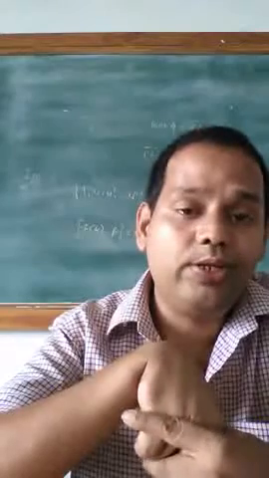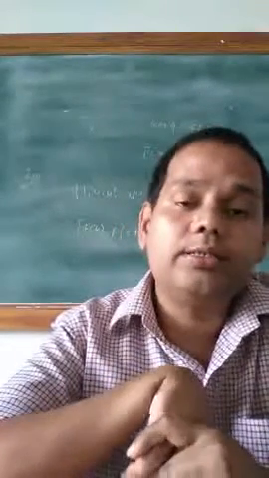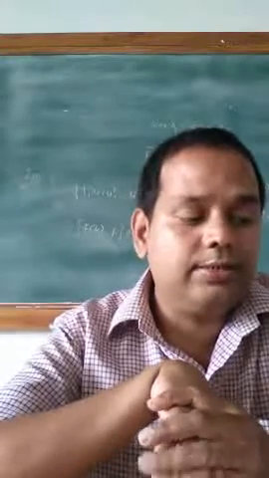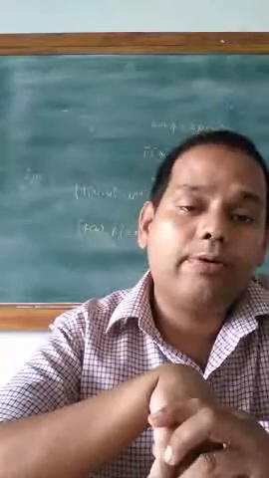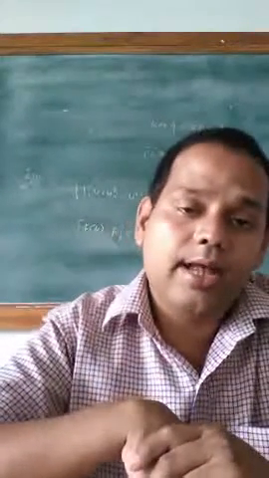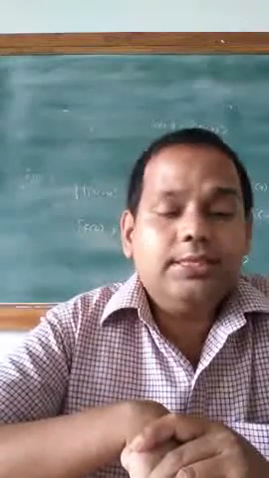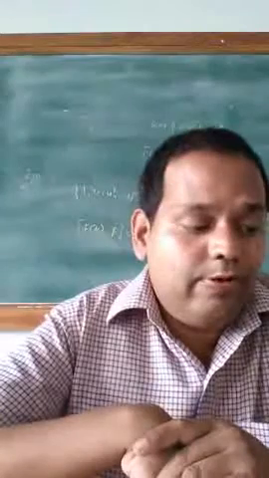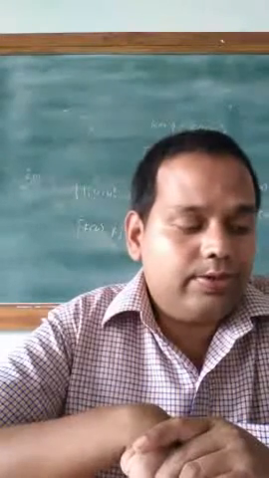Since u belongs to E, and E is algebraic over F, there exists a non-constant polynomial f of x belongs to capital F of x such that f of u is equal to 0. This implies that f of x belongs to I, which is the ideal generated by p of x.